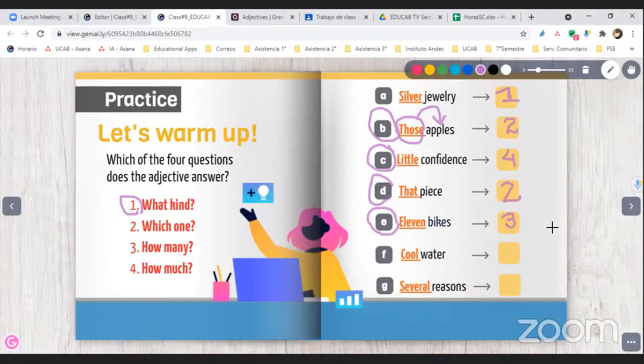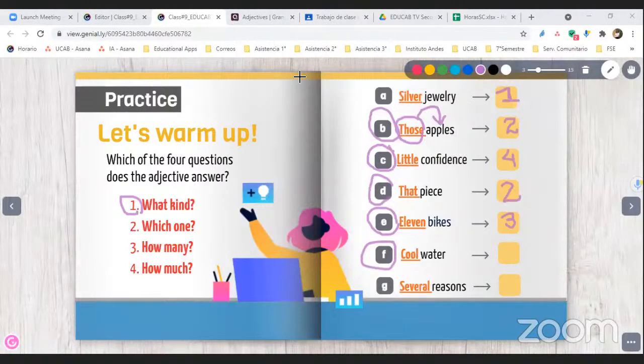Good. Okay, maybe Esteban went to look for his breakfast, but he's not sharing. Okay, let's see who else can help us. Neil, can you tell me letter F? Cool water, cool water. Can you tell me which question do you think that adjective is answering?